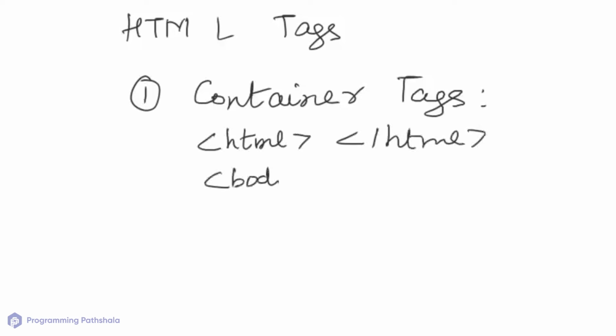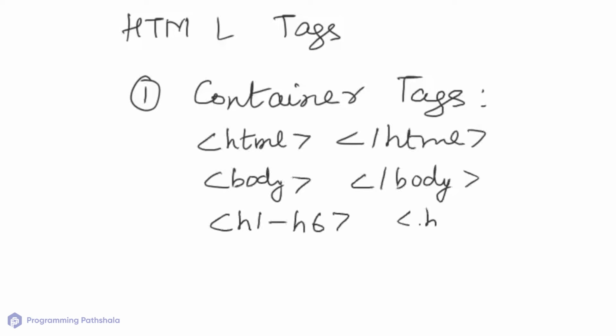Similarly, we talked about body also. The body of our HTML page might contain some headings, some images, and stuff like that. Similarly, if you want to put an image in your heading, you are allowed to do that. So all the tags from H1 to H6 are also container tags. Similarly, P also is a container tag.